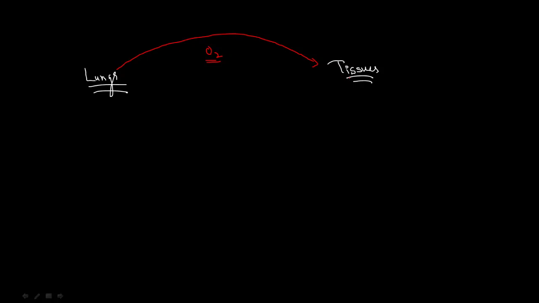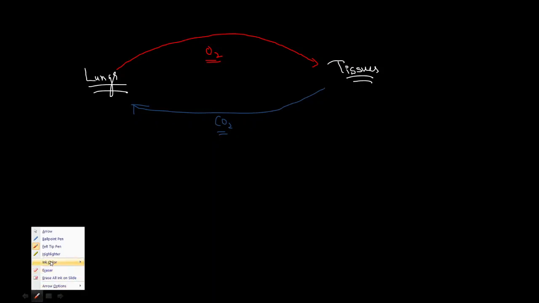Once the oxygen is delivered to the tissues, the tissues are sending back a lot of carbon dioxide. So oxygen is being delivered by the lungs to the tissues, and tissues are sending back carbon dioxide to the lungs. This is what is happening in these two organs.